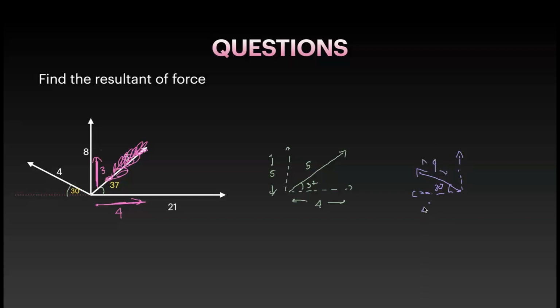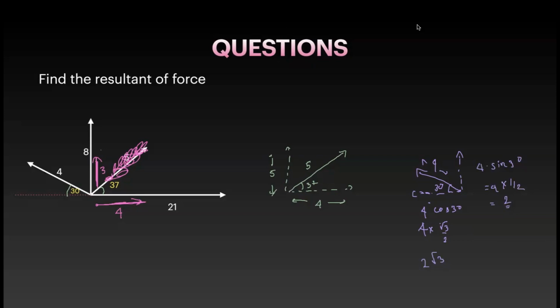So this is 4 cos 30, which is 4 times root 3 by 2, which is 2 root 3. And this is 4 times sin 30, which is 4 times 1 divided by 2, which is 2.